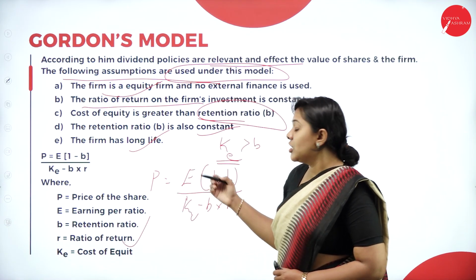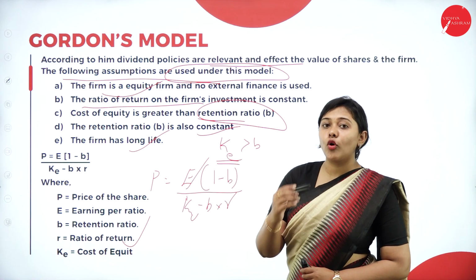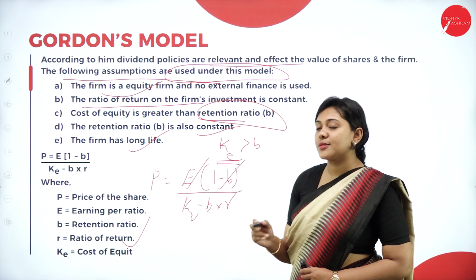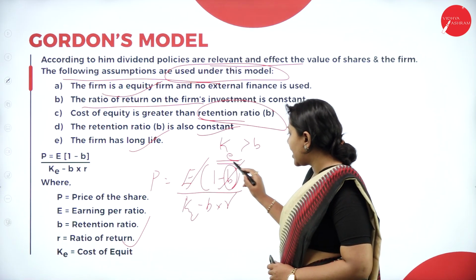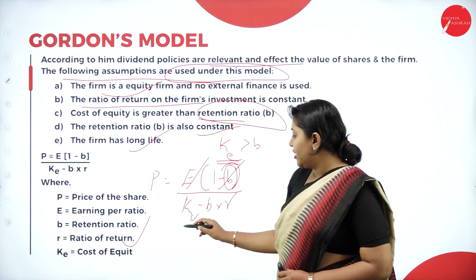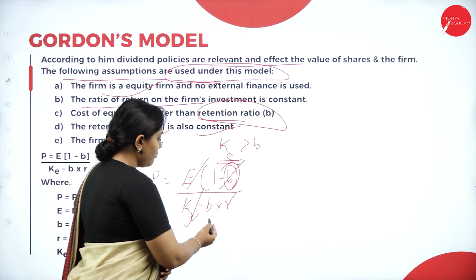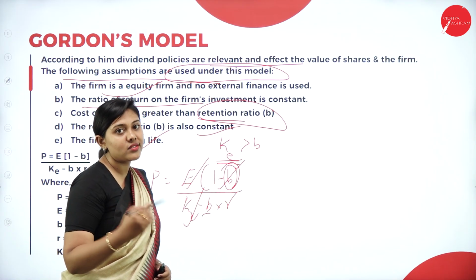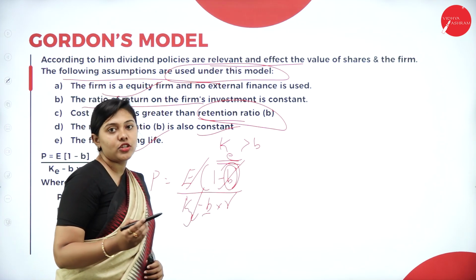I will repeat, so kindly note down the formula very carefully. E stands for earnings. 1 minus B is nothing but your dividend payout ratio. B is the retention ratio, and in the denominator, capitalization rate minus B into R, that is retention ratio into the rate of return.